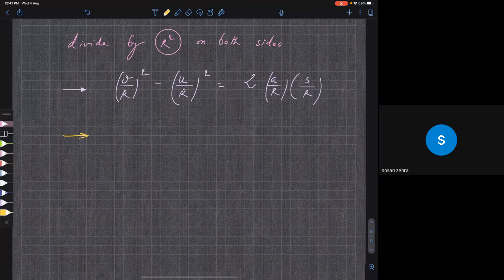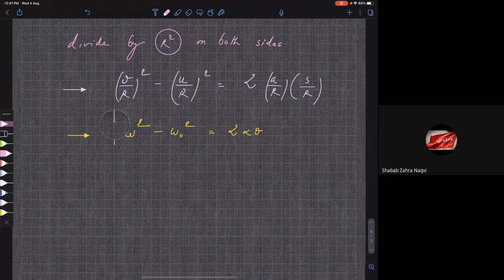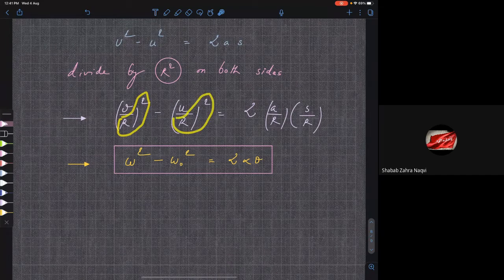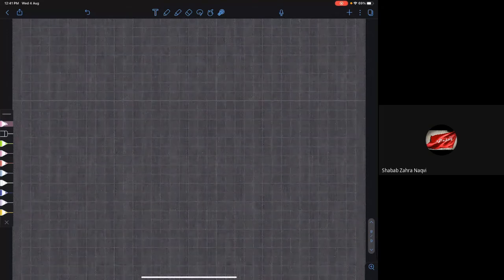Omega square minus omega naught square equals 2 alpha theta. Clear? You wrote divided by r square. Yes, on both sides. Here there is r square, here also r square, and here the two together make r square. Clear? So we got three equations.